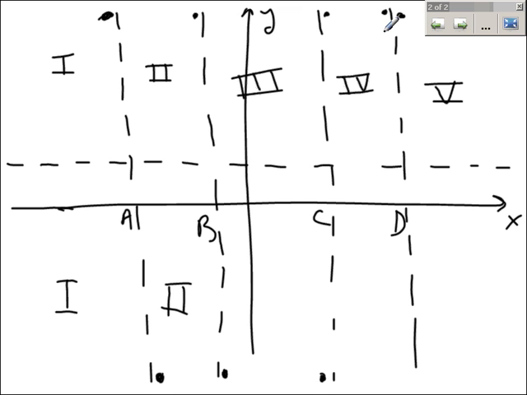Let's do 1 and 5. Well, at 1, we know we're up at positive infinity, and we have to get close to that line. And the graph will go like this.